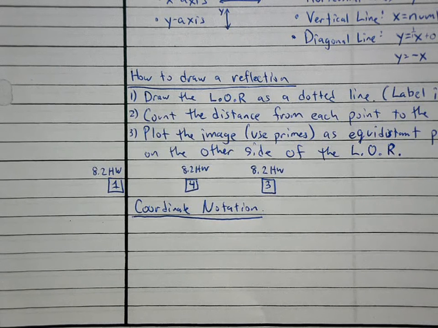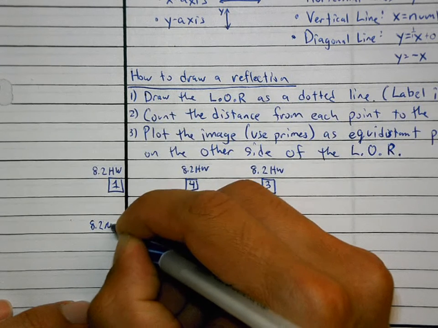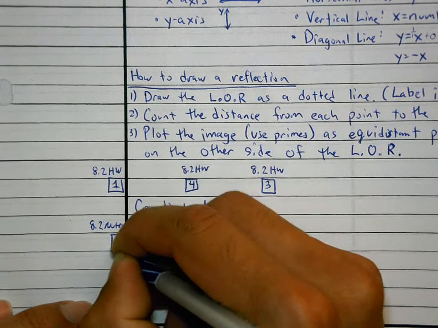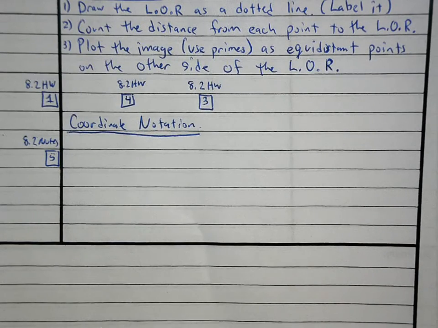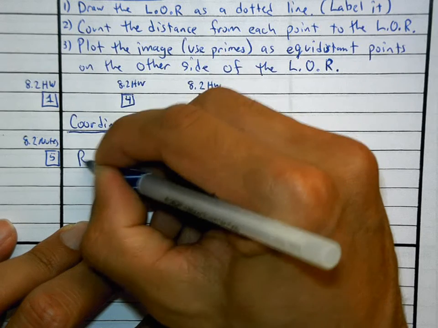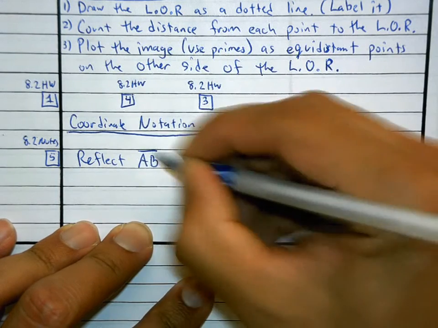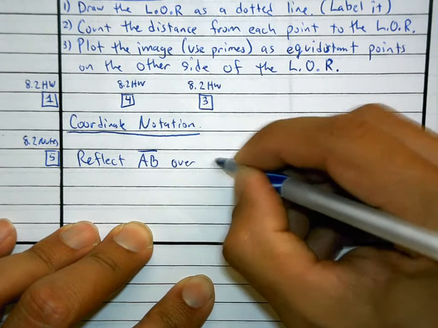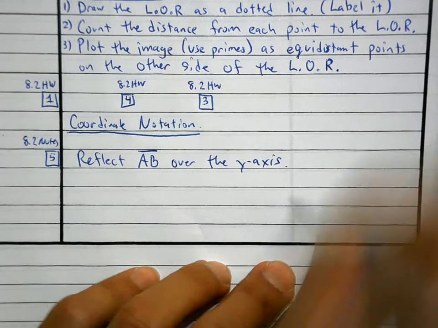The way number 5 works, let me write that down. It's 8.2 notes, number 5. Let me recenter that real quick. It says this. We're going to reflect AB over the y-axis.